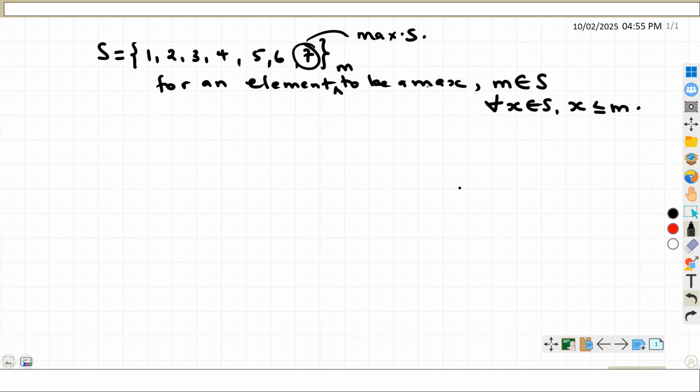So for M to qualify to be called a maximum, M must be an element of the set, and all other elements should be less than or equal to M. When you look at 7, if you choose a member like 5, this 5 is less than 7. When you choose a number like 6, this 6 is less than 7. So for any number that you choose from this given set, it will always be less than or equal to M. That is what we call a maximum of a set.